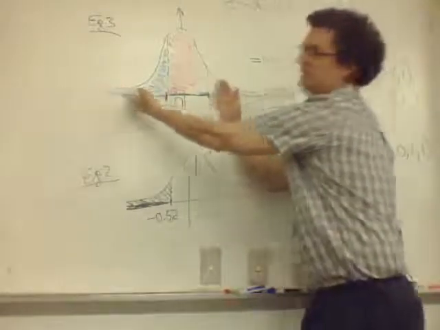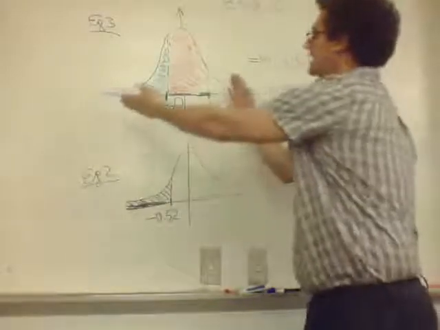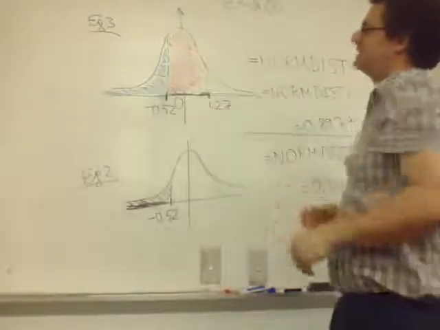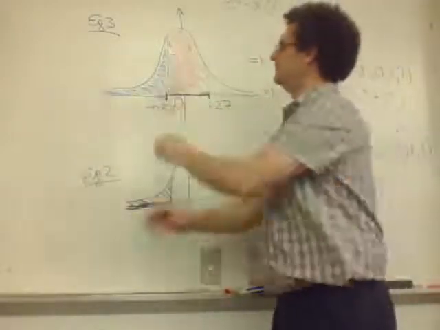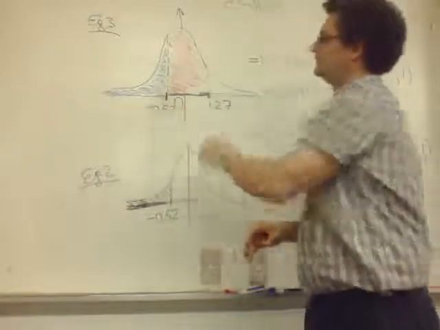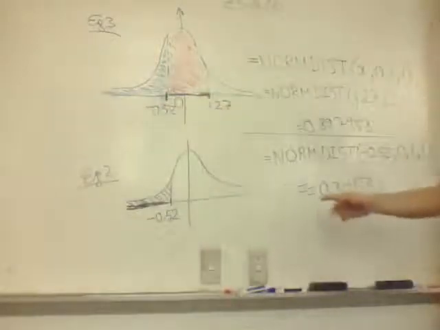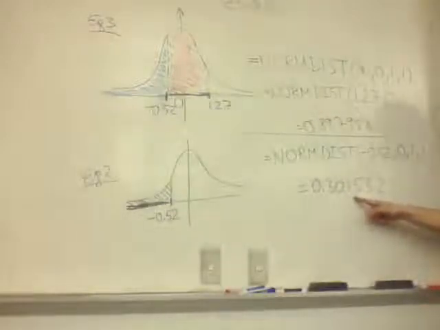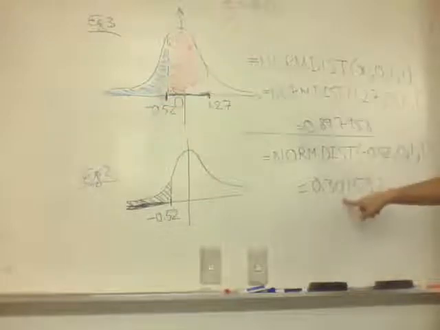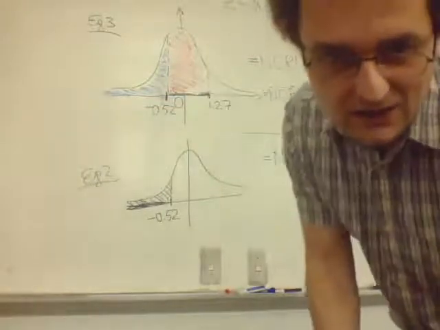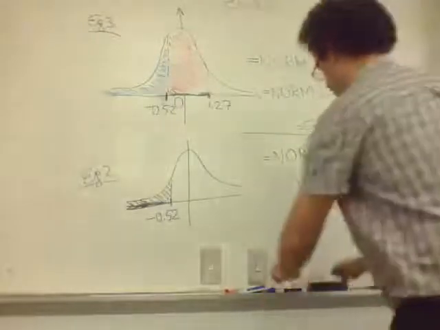That's the probability of falling below 1.27, minus the probability of falling below negative 0.52. That's this blue area here. So that's what we computed here. Okay? And so just subtract this value minus this value, and that's 0.596426.